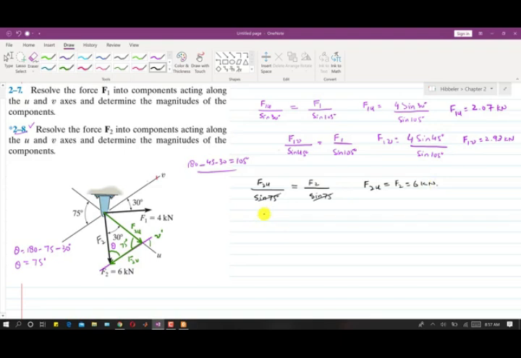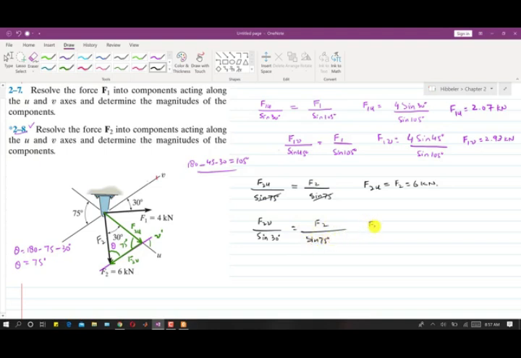If you want to find F2v, then F2v divided by the sine of the opposite angle, so this is F2v, and this sine of 30, will be equal to F2 divided by sine of 75 degrees.